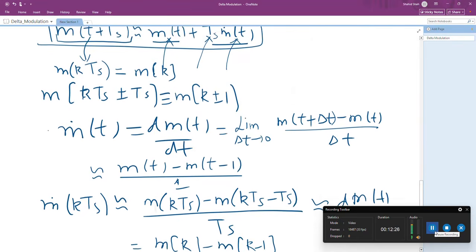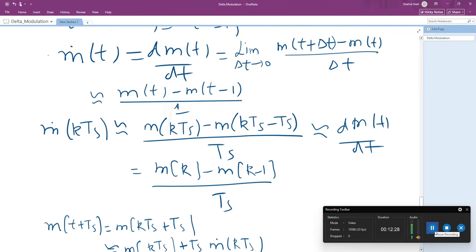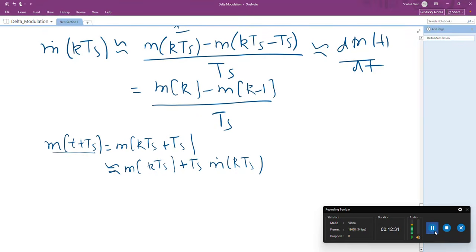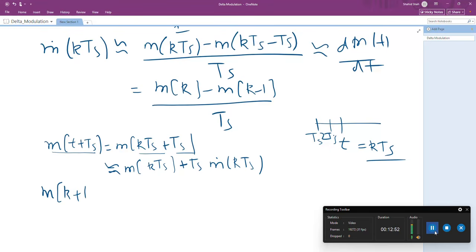Now we can rewrite the previous equation which we got from the Taylor series: m of t plus Ts as m of kTs plus Ts. Recall that when you sample, the samples are taken at Ts, 2Ts, 3Ts and kTs. So m of kTs plus Ts can be written as m of k plus 1 in this notation. It is approximately m of k plus Ts times m dash of k, where m dash of k is the derivative we got here.